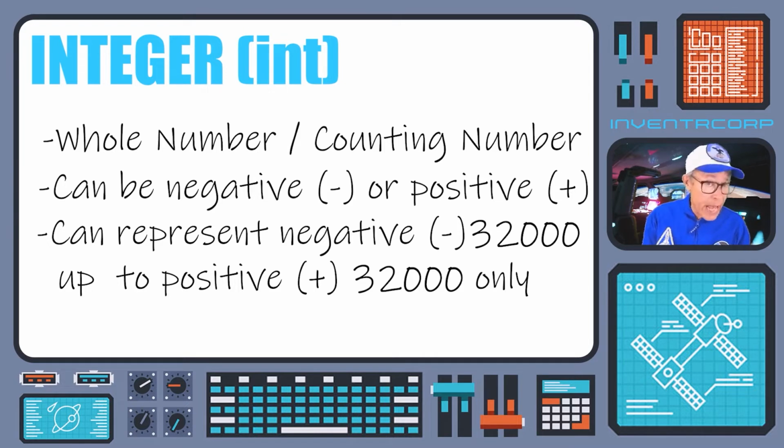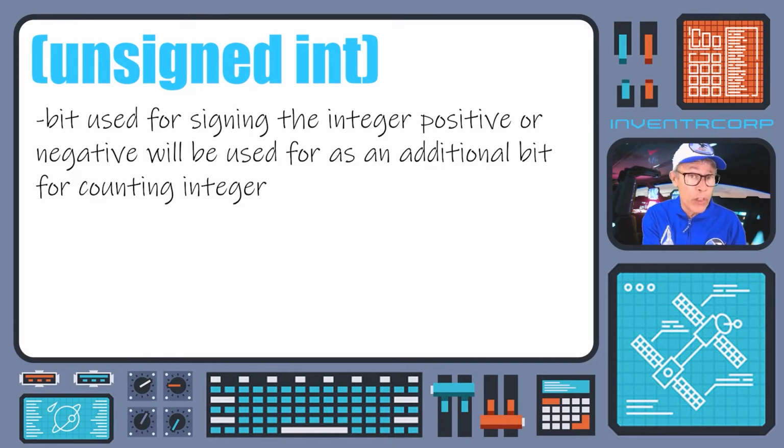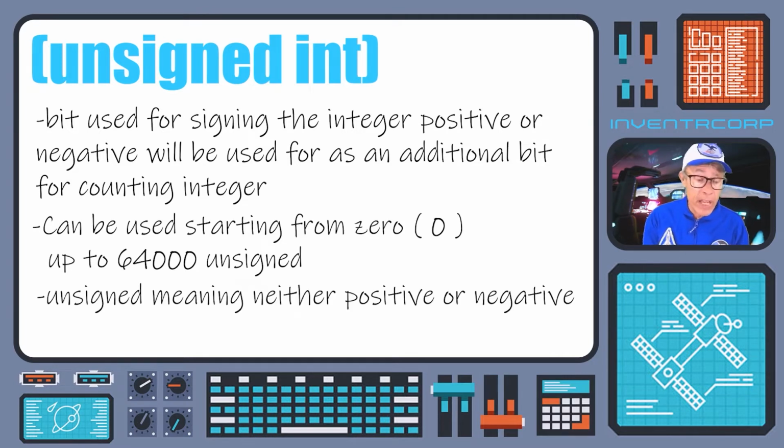We can do that in this code by using a special kind of variable, and that is an unsigned integer. In an unsigned integer, we take the bit that's usually used to say whether the number is positive or negative and use that to add extra range. So we could go up to 64,000 with an unsigned integer.